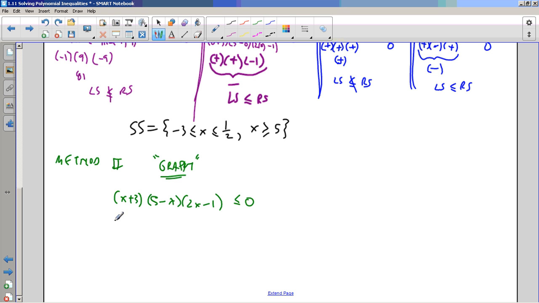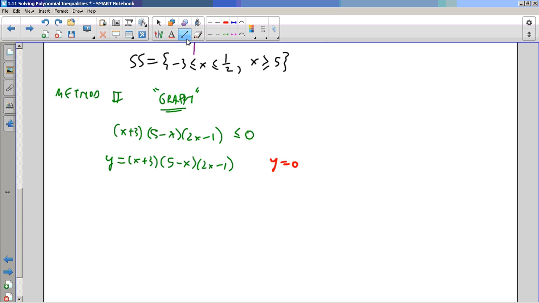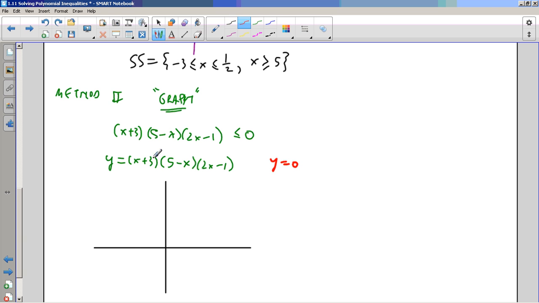So what I'm going to do is graph this side in green, and then I'm going to compare it in red to y equals 0, right? Well, that's easy. That's just the x-axis. So I want to know, when is the green graph underneath, less than the x-axis? Well, this should be pretty slick because we've done all this practice graphing. It shouldn't be very hard for us at all. And in fact, from earlier, I still know what the x-intercepts are.